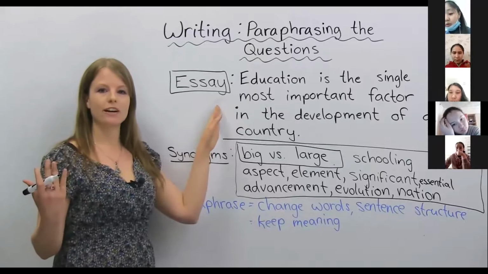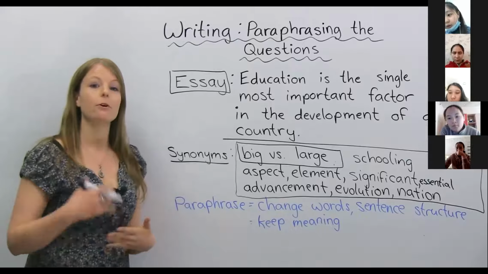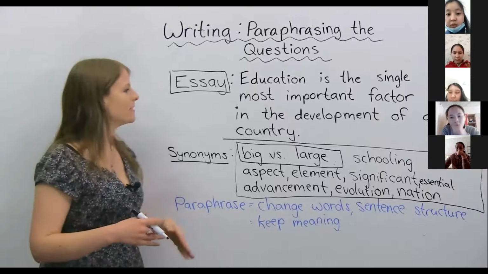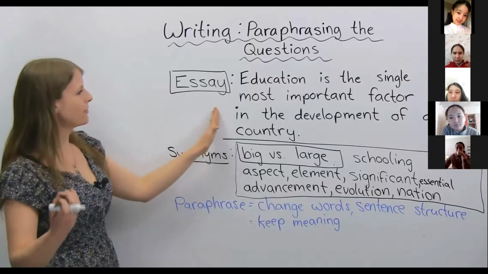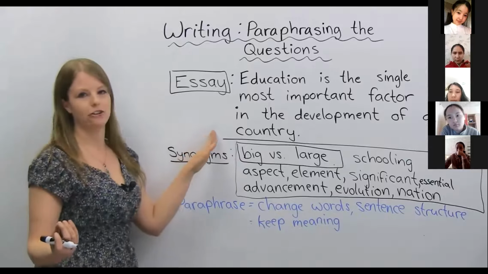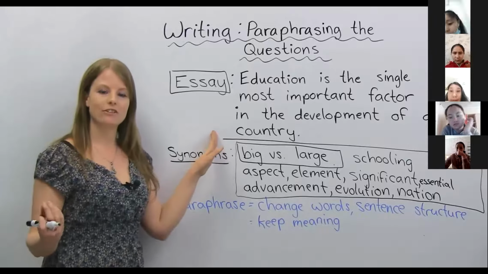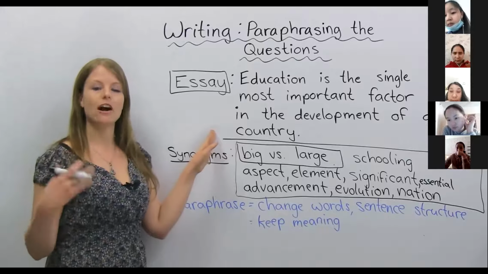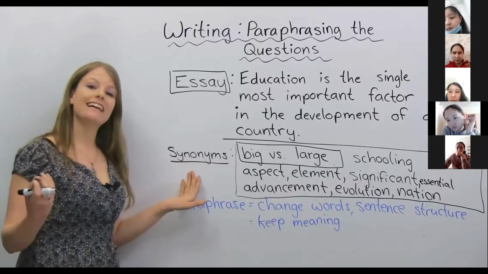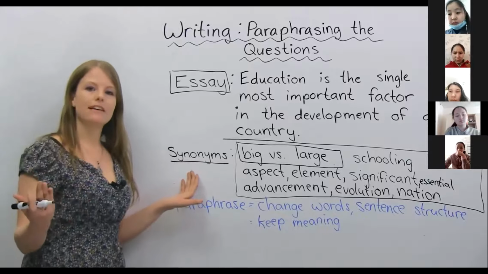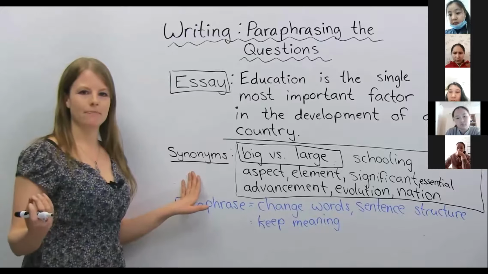And so first we're going to look at how to do that using vocabulary and synonyms. So we have here the same question. Education is the single most important factor in the development of a country. How can we put this into new words or our own words that keep the same meaning? Well, we can use synonyms. So this might be a new word for you too, a synonym.